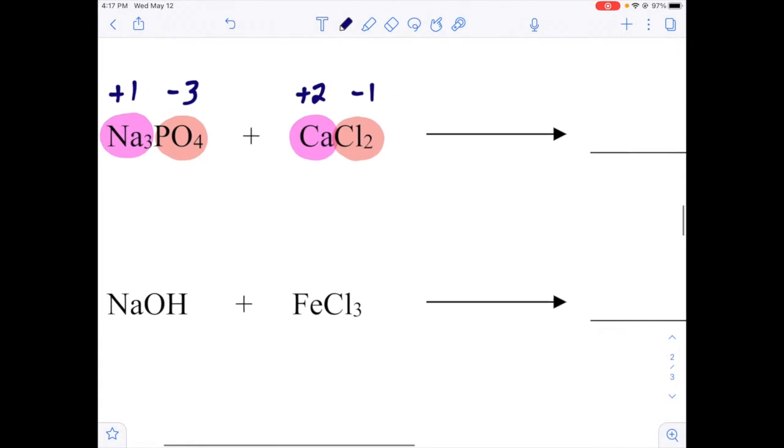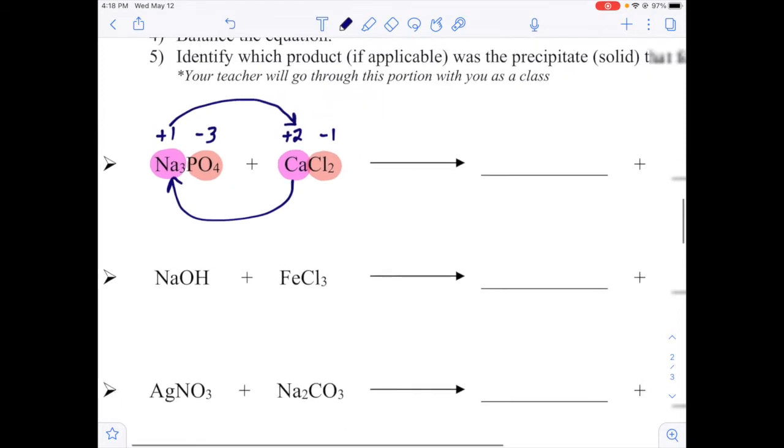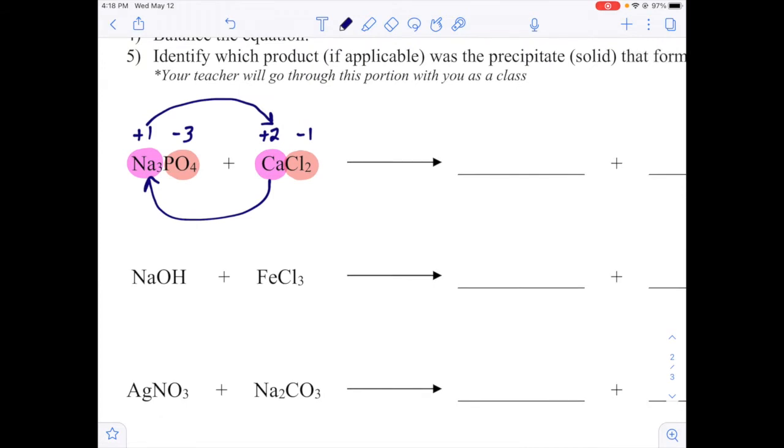So given that the positive is going to replace the other positive, we know that sodium is going to come over and kick out calcium, and calcium is going to replace sodium. So calcium is going to come over to the left, and calcium now is going to be paired up with PO4. So I write calcium and I write PO4. I don't worry about subscripts yet.